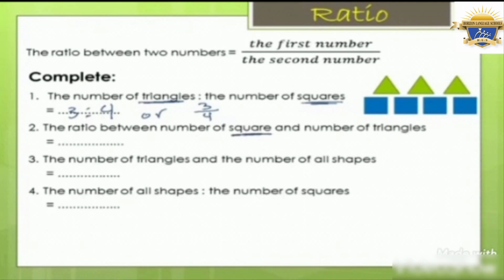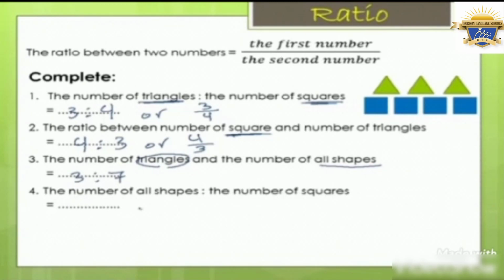Number 2, the ratio between the number of squares and the number of triangles. We have 4 squares and 3 triangles, so the answer is 4 to 3 or 4/3. Number 3, the number of triangles, which is 3, and the number of all shapes, which is 7, so the answer is 3 to 7 or 3/7.